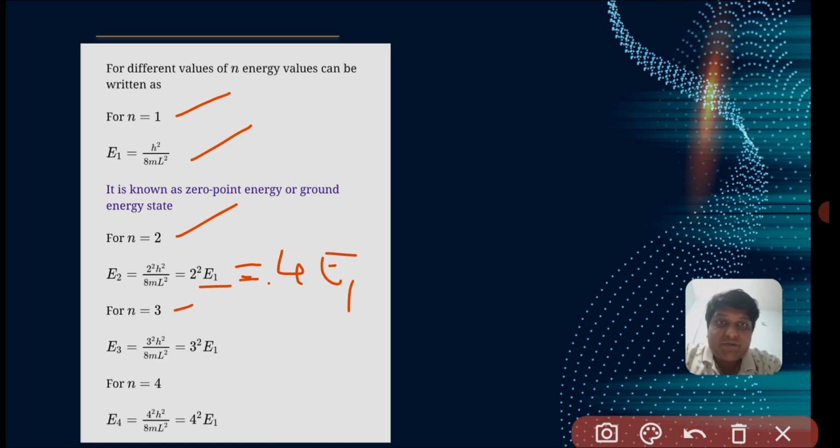For n is equal to 3, E3 is 3² h²/8mL², the same as above. h²/8mL² is written as E1, and 3² is 9, which becomes 9E1. For n is equal to 4, E4 is equal to 4² h²/8mL². The same as above, h²/8mL² can be written as E1, and 4² is 16, which is equal to 16E1.